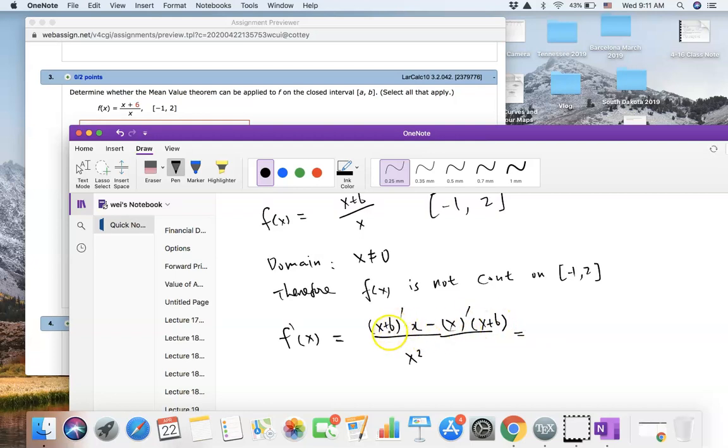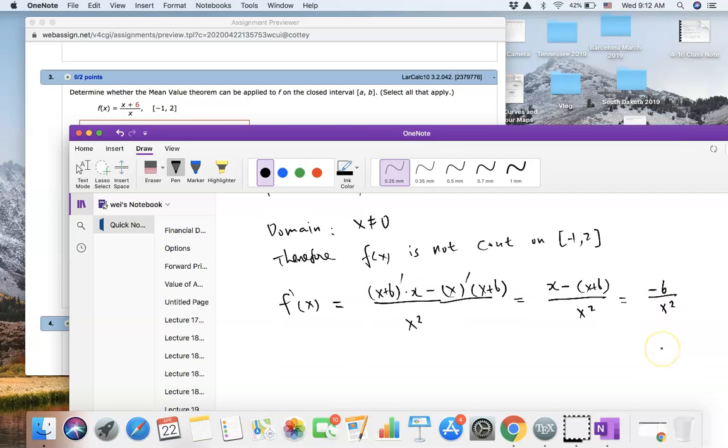So in the numerator we have the derivative of x plus 6, that's 1. 1 times x, that's x. Minus the derivative of x is 1. 1 times x plus 6, over x squared. So we have a -6 over x squared. The derivative function is -6 over x squared.